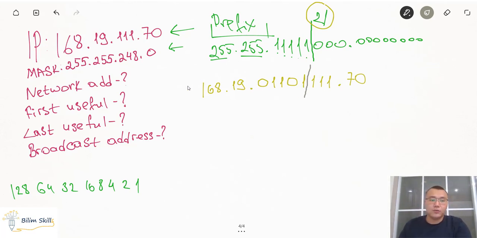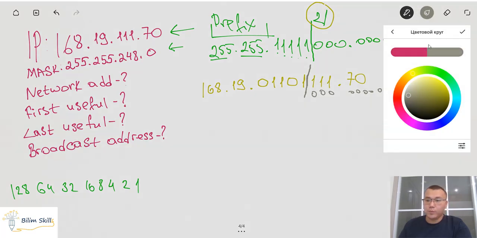To find the network address, we have to change all the numbers after the slash to zeros. Now let's convert back to decimal form.